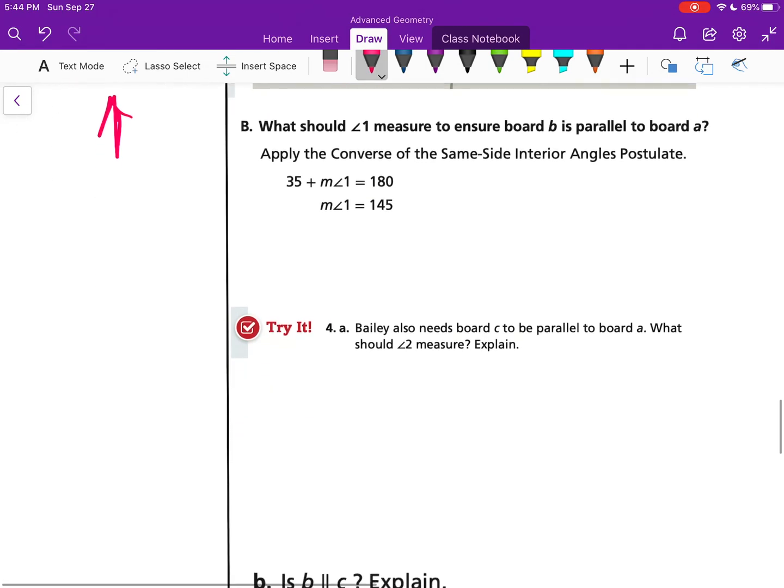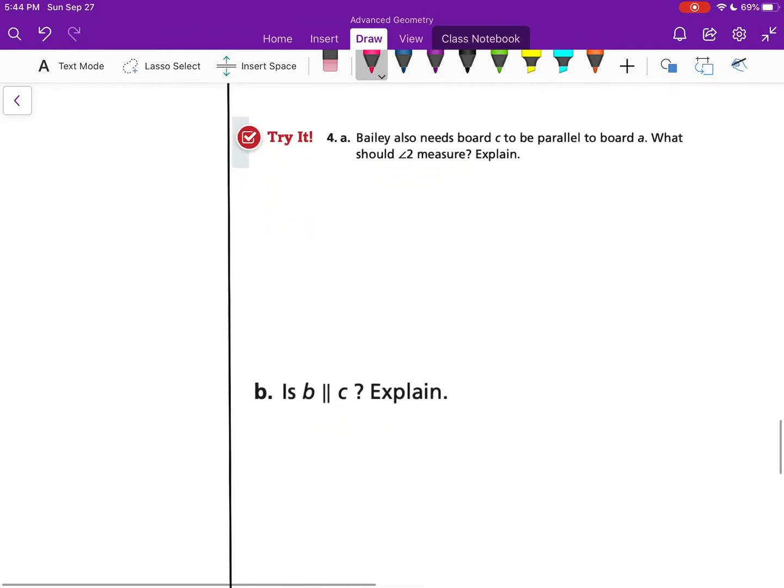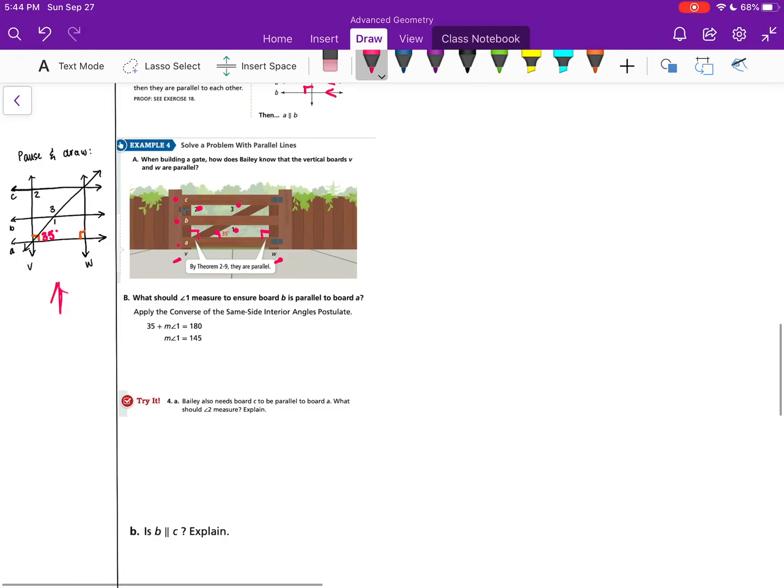I'm going to go down to this question in our workbook. Bailey needs board C to be parallel to board A. What should angle 2 measure? So if we want, and I'm going to zoom out so we can see our figure, if we want C to be parallel to A, then the measure of angle 2 must be 90 degrees.